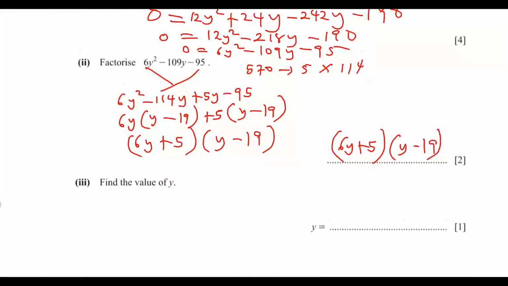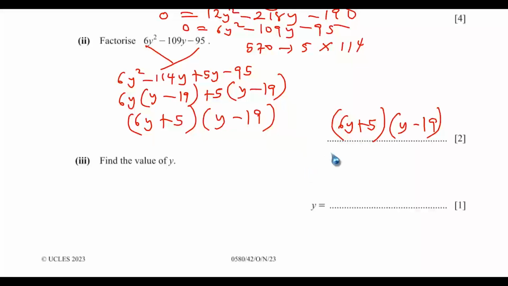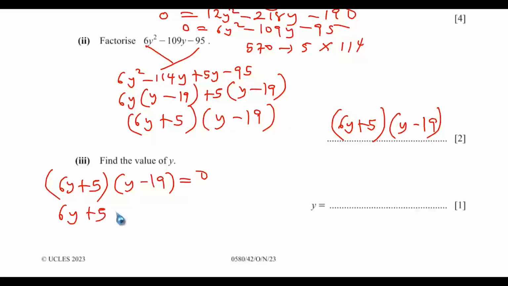Then Roman figure 3, we are to find the value of y. So from here you can say 6y plus 5 into y minus 19 should be equals to 0. So that implies that 6y plus 5 should be equals to 0, or y minus 19 should be equals to 0.